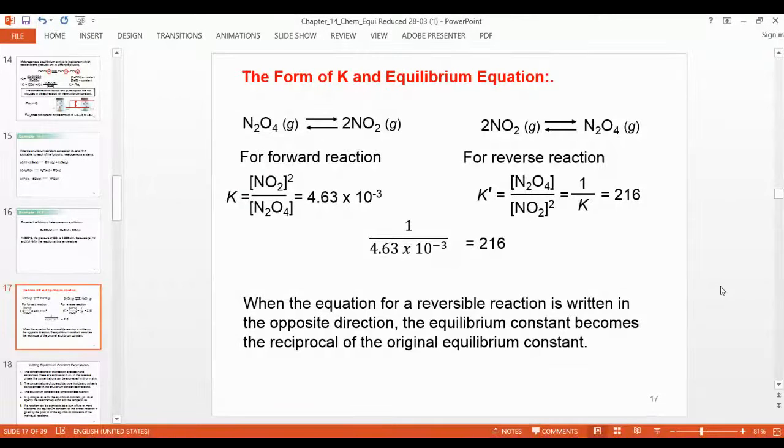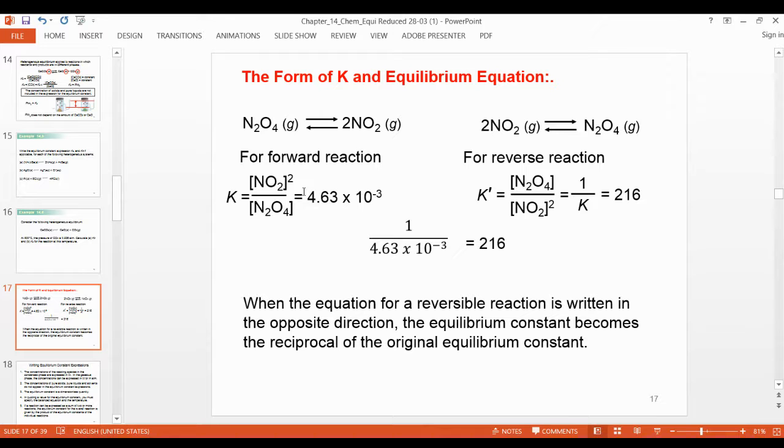Alright, now suppose we have this chemical equilibrium. Suppose the first is the forward reaction and the second one is the reverse reaction. So for the forward reaction you can write the equilibrium constant, Kc, equal to NO2 to the power 2 divided by the reactant N2O4, equal to this.